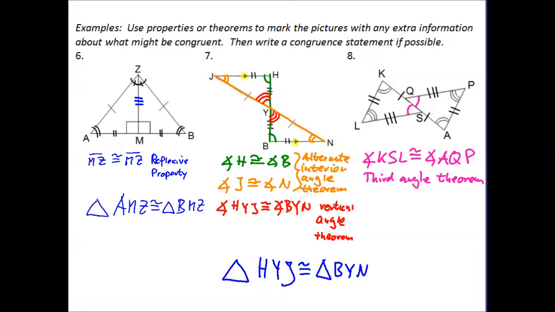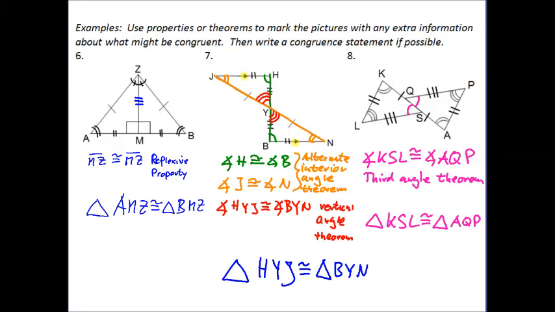And therefore we can conclude that triangle KSL is congruent to triangle, and I'm going to let you stop the video here and fill in the letters in the right order yourselves. Hopefully you came up with the same order.